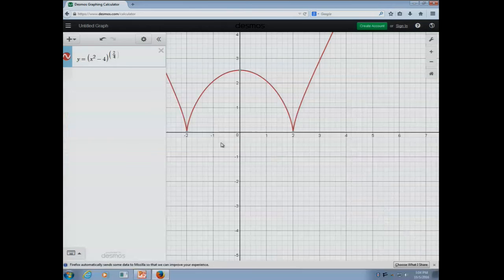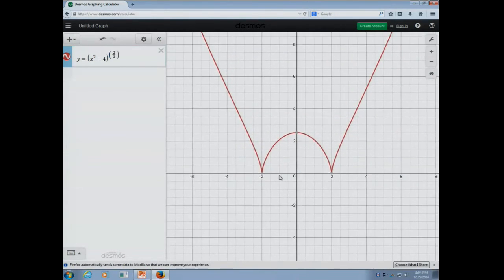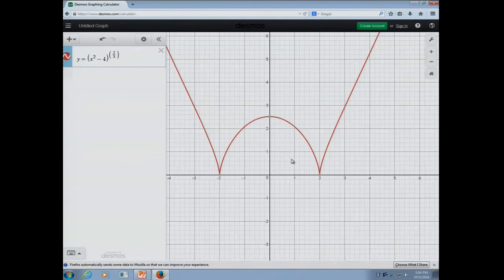Let's take a good look at this thing. Pretty wild looking curve, huh? Almost looks like half a circle, but actually we got everything we expected out of it. We got the sharp corner here, we got the sharp corner here, and we got the top of a hill here at x equals 0.